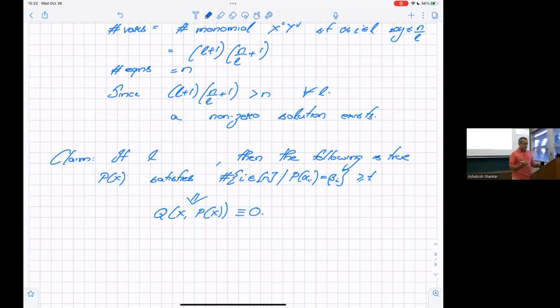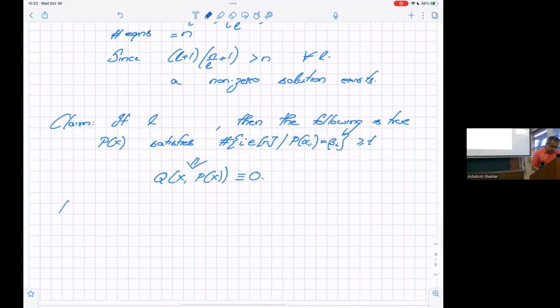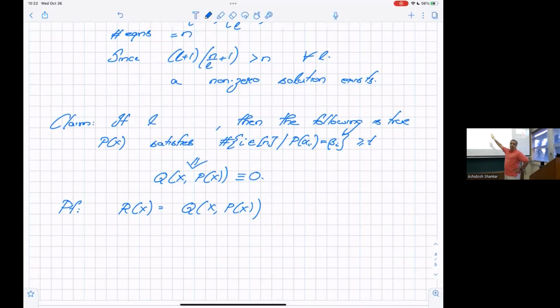So let's find out what's the condition. Let's define the polynomial R of x, which is Q of x comma P of x. P is some polynomial that has significant agreement with the data. We haven't yet said what L is. If L satisfies some parameters, we have to figure that out. We'll figure it out by the end of the proof.